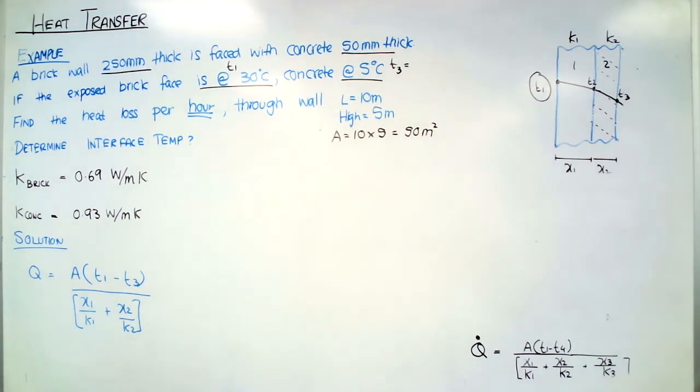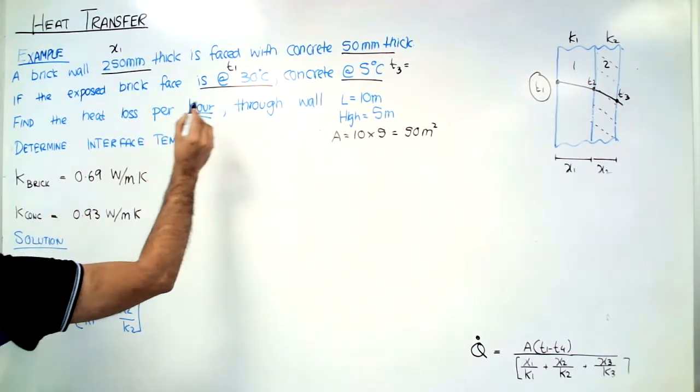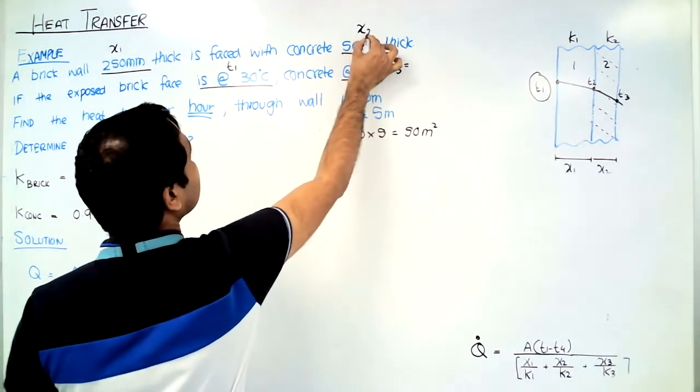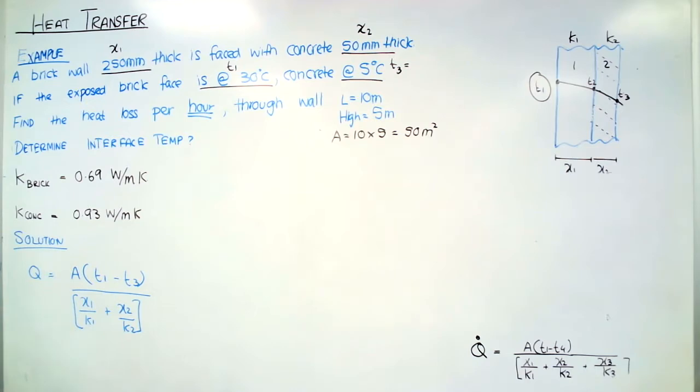With X1, make sure you convert this into SI units. So A is 50, and you've got 30 minus 5. So X1 is 0.25.